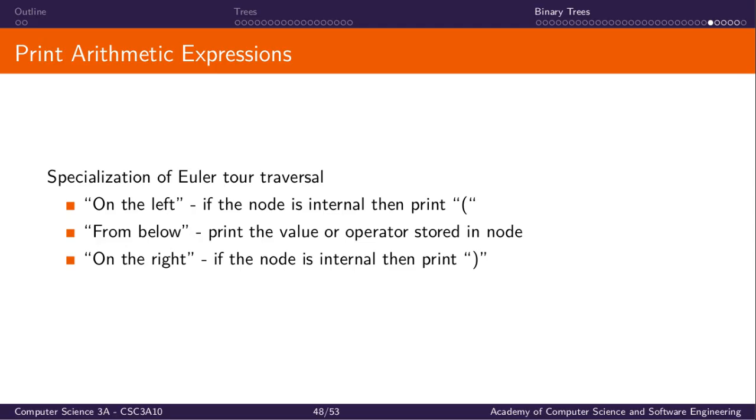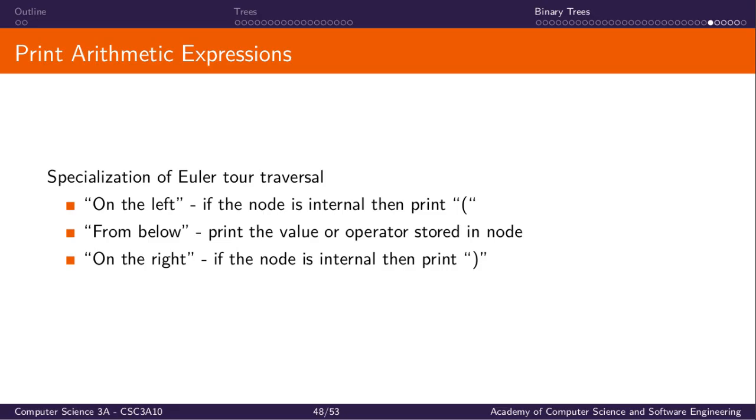So we're going to use this type of traversal, this Euler-Tour, to print out an arithmetic expression. Now we have to decide, what are we actually going to do when we visit each node? And of course, what should we do for the different types of visit? So here we're going to agree that when we visit a node from the left, we'll check if it's internal or external.